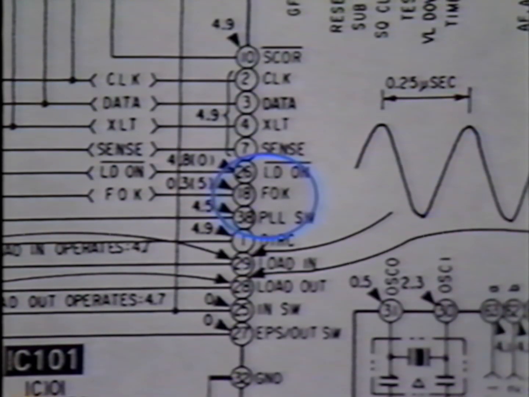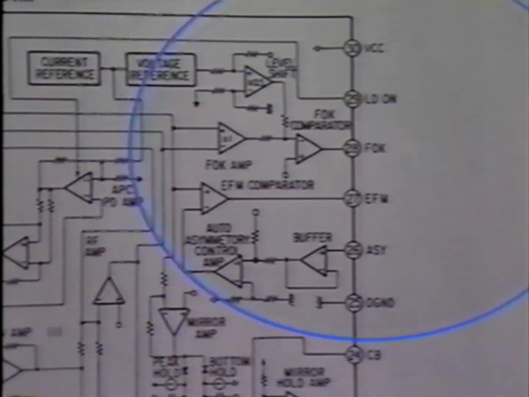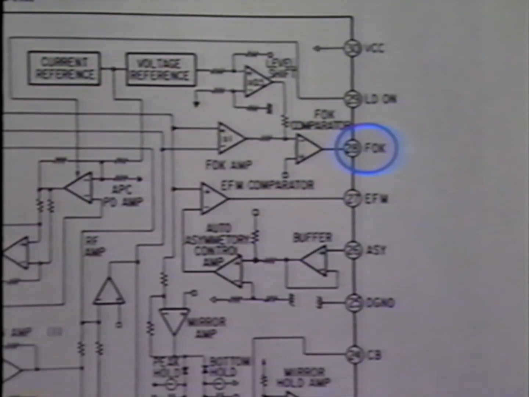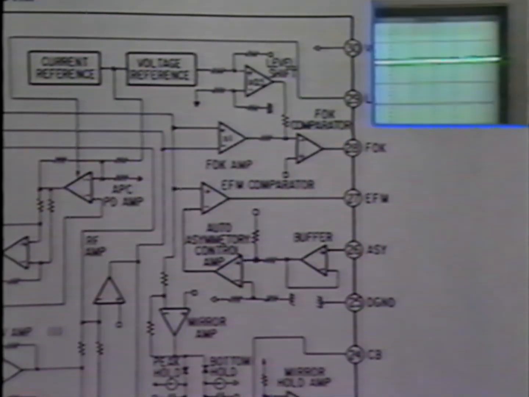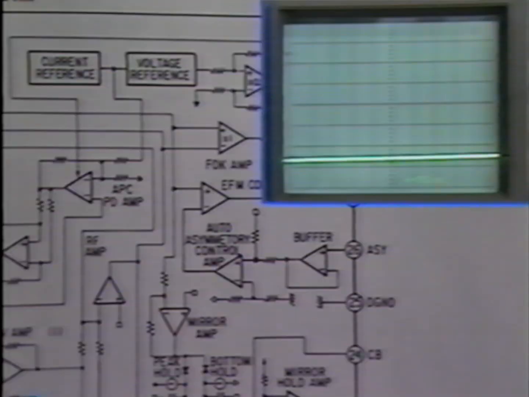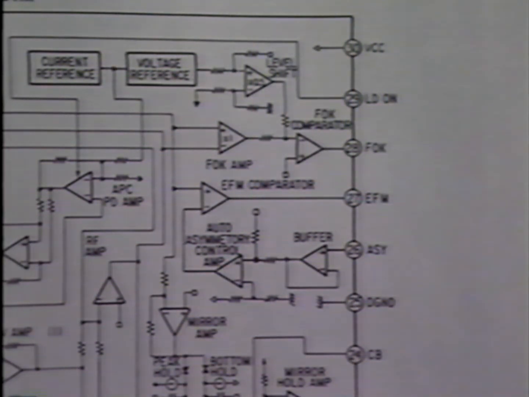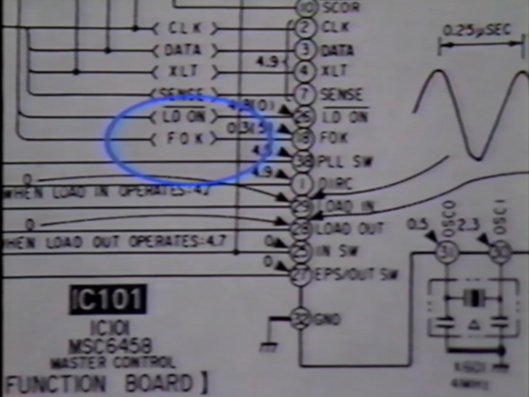In this CD player, the focus OK signal is developed by the laser control IC1. This signal is high when the laser beam is in focus on the surface of the disc. It's low when the beam is not in focus on the disc. Focus OK is generated in IC1 and supplied to the microprocessor, which uses it to determine whether to leave the laser beam on, to resume a focus search, or to shut down the player.